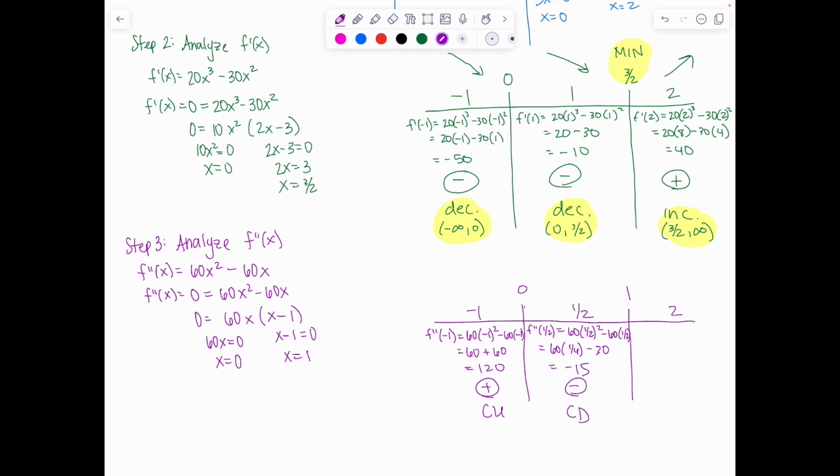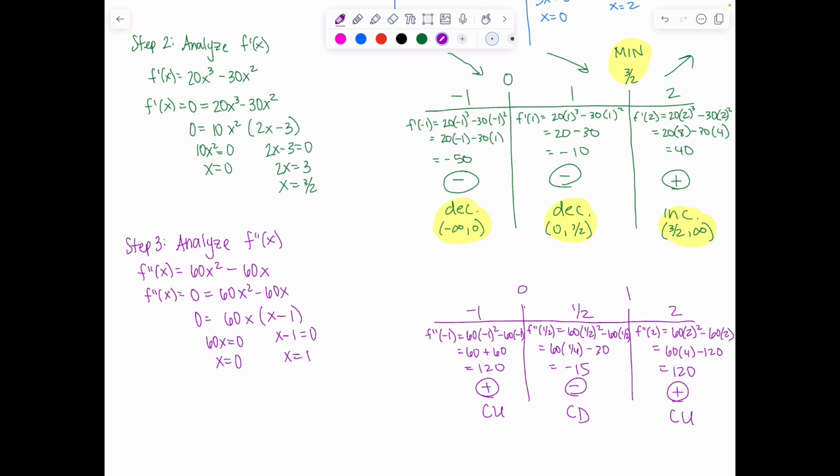Concave down. Second derivative of 2: 60 times 2 squared minus 60 times 2. We have 60 times 4 minus 120, which is 120. Positive. Concave up.